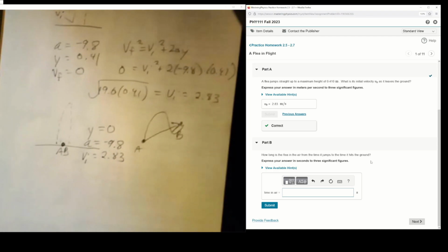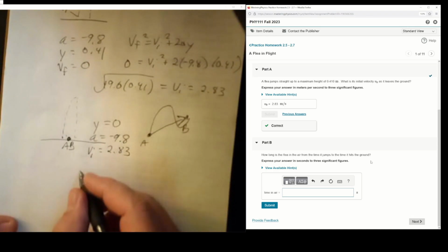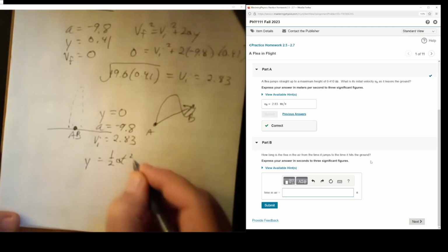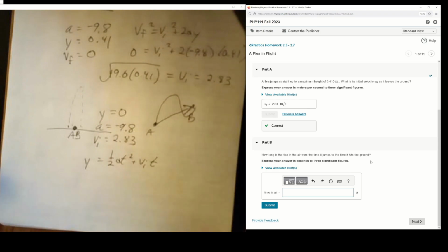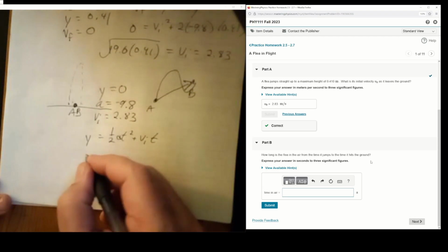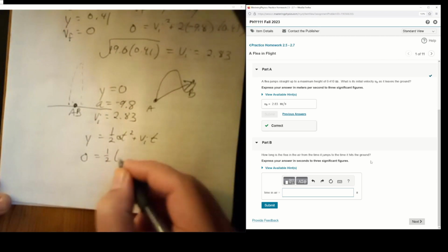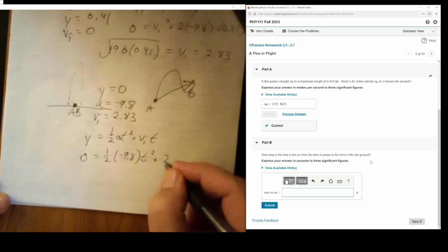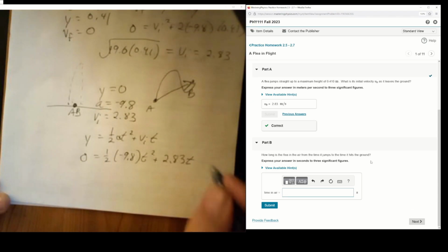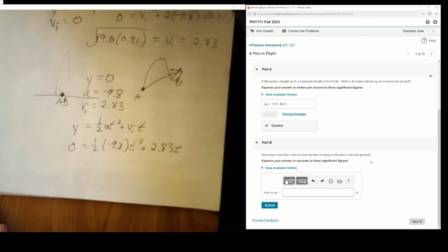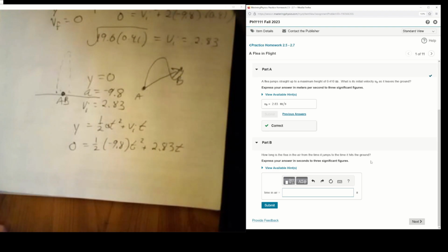And if we want to know how long it's in the air, a good kinematic equation to use, plug our stuff in. And we'll divide everything by t.